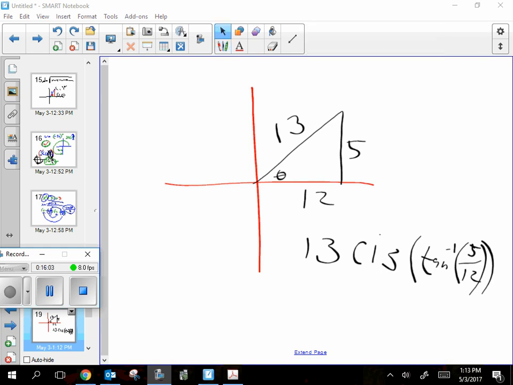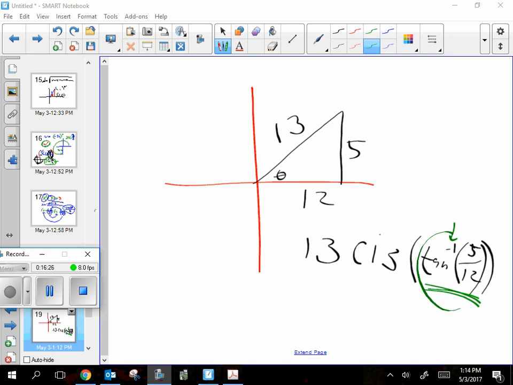Because tangents don't find out angles. Inverses find you angles. If you were going to put this in a calculator, it would tell you the angle. If you put in a regular tangent problem, it needs an angle and it would tell you the side ratios. So this kind means I want an angle. So it would figure out an angle for you.